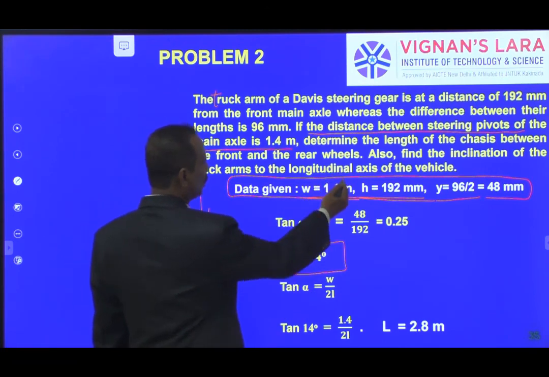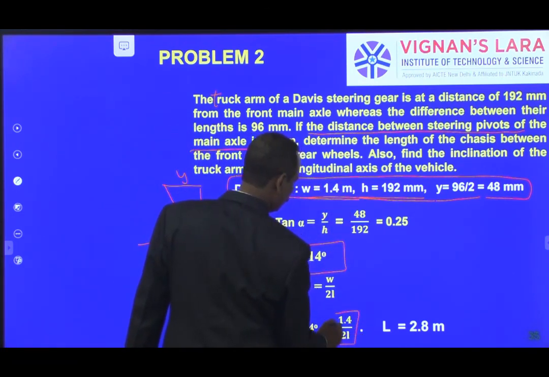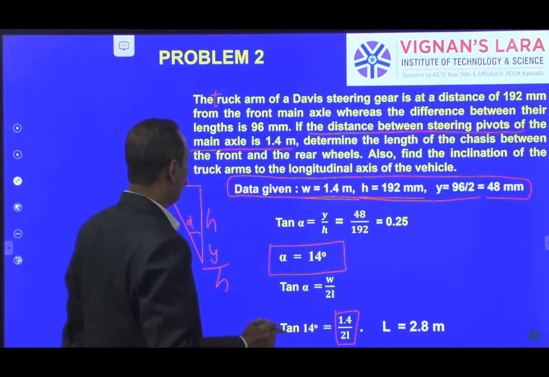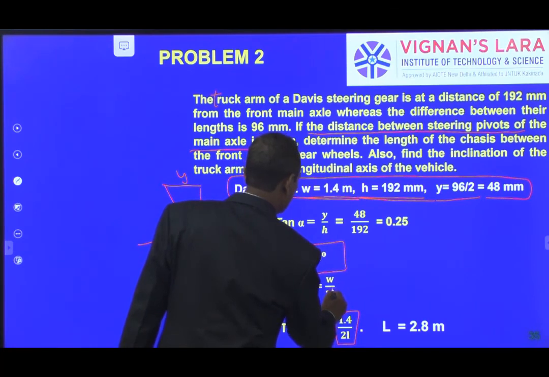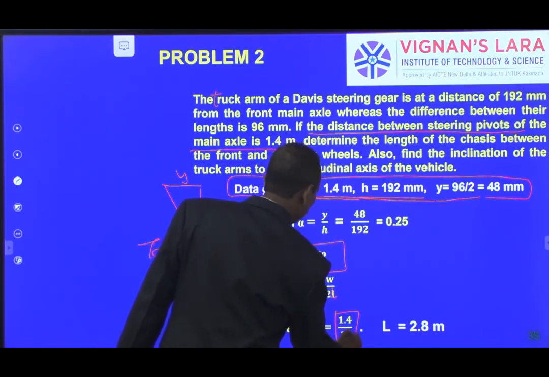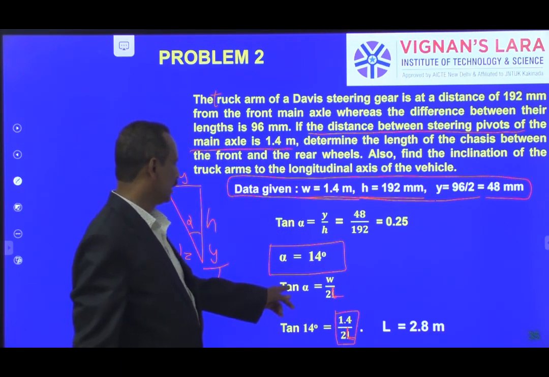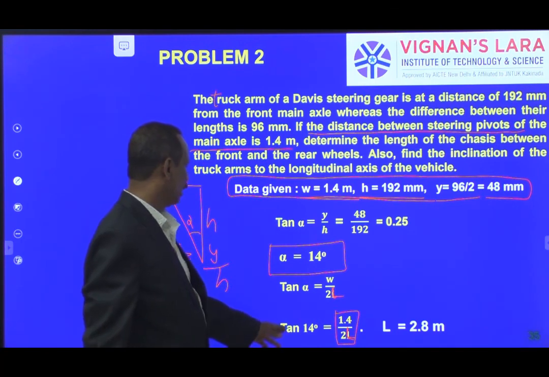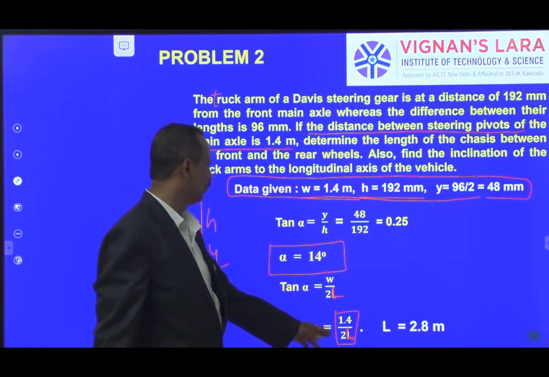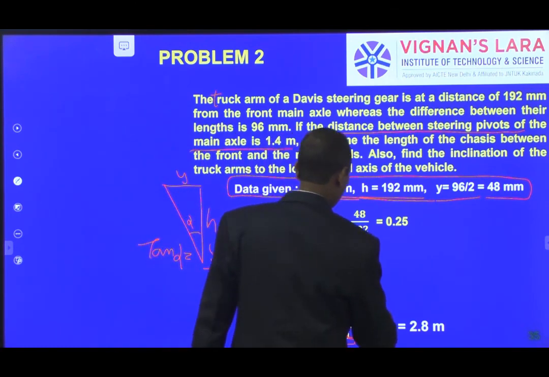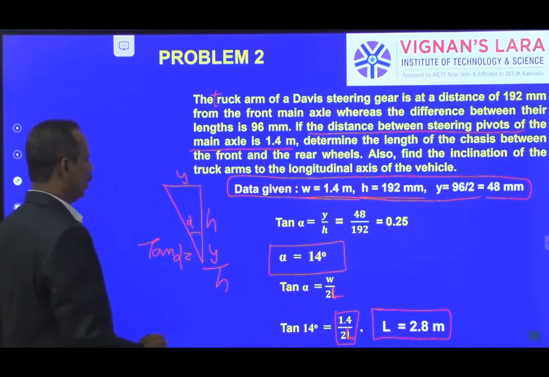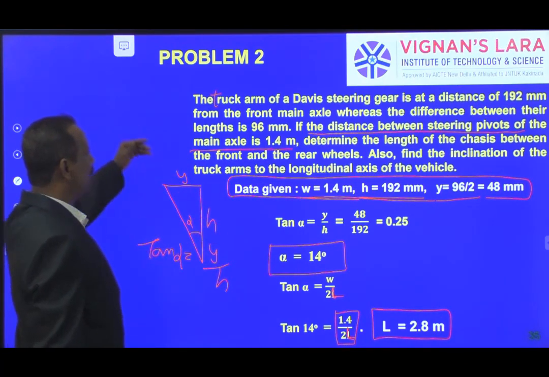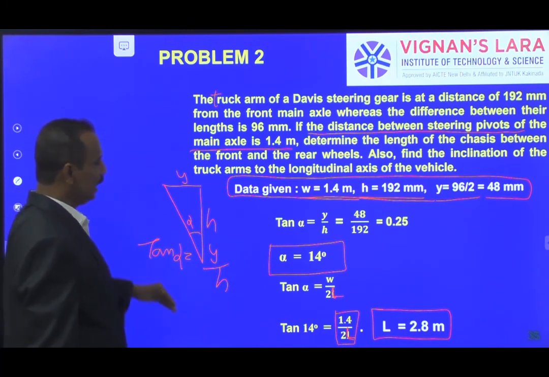What is W? It is given as 1.4. So tan alpha is W by 2L, tan 14 degrees is equal to 1.4 by 2L, so L is equal to 2.8 meters.